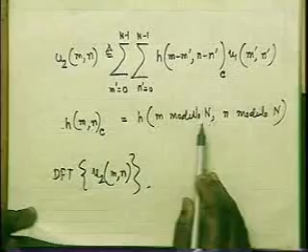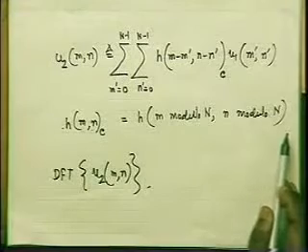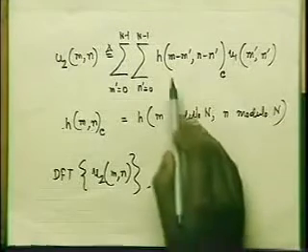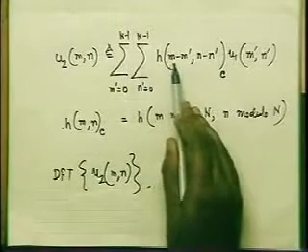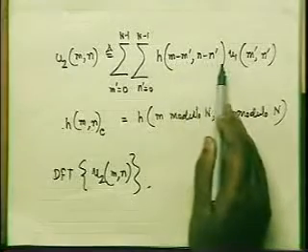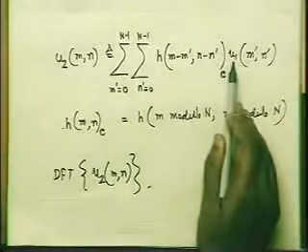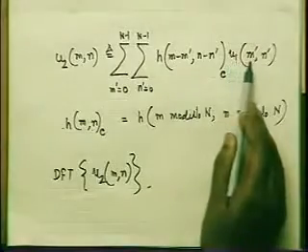A function h of m, n defined in the circular way is given by h of m modulo capital N, n modulo capital N. So these indices m and n in the function are just defined as modulo N, very simply. And the function which we are choosing for h is m minus m prime, n minus n prime, and the other function is u1 of m prime, n prime.